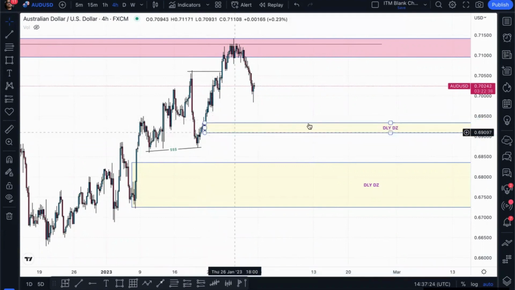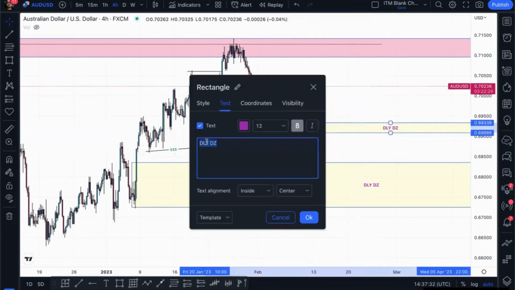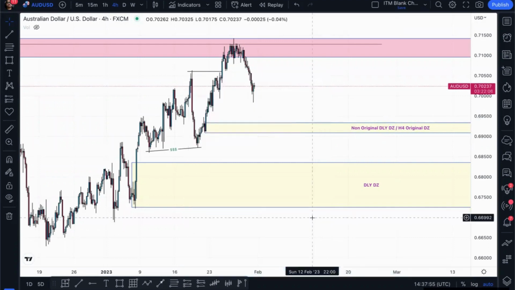Now you can see the unauthentic daily zone is a very authentic 4-hour zone. So I can mark it up here, and I will write here: non-original daily demand zone, H4 original demand zone.